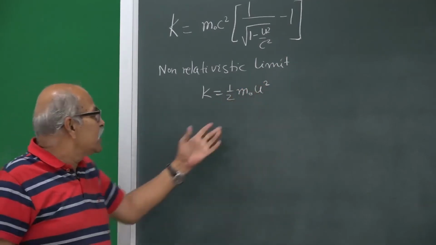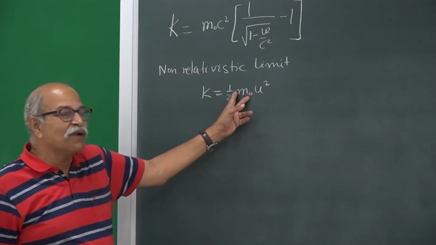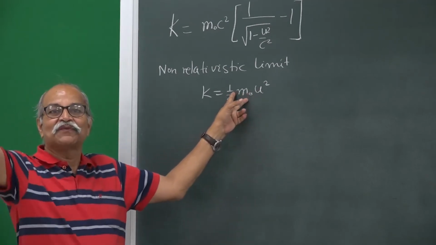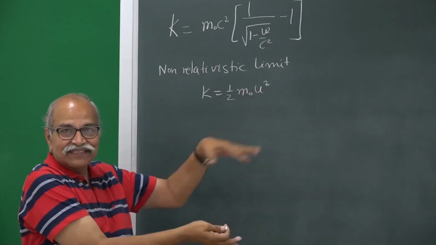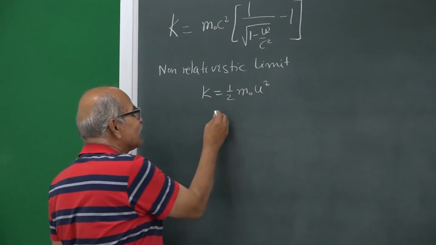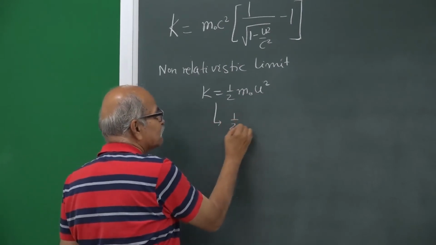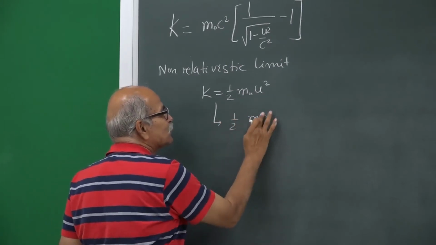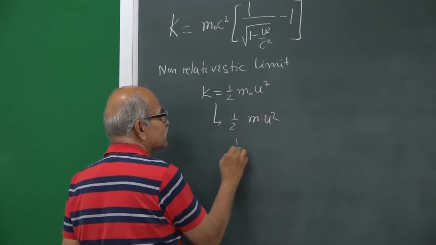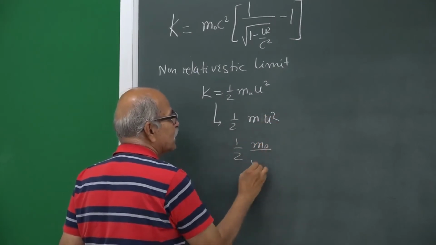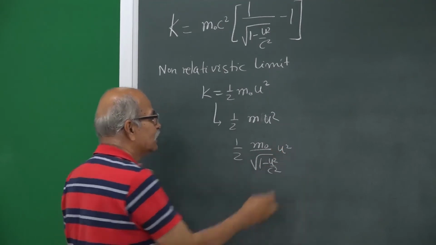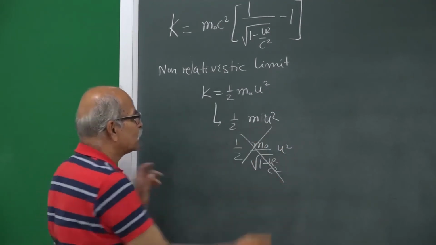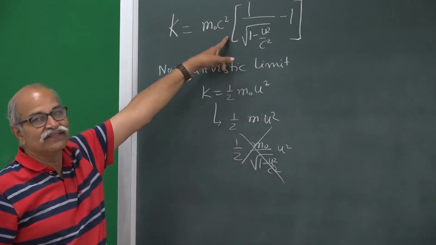If you say that in place of rest mass, the mass increases because of velocity, and therefore we have to put that increased relativistic mass here, and you modify this as half m times u square, which is m naught by square root of 1 minus u square by c square times u square, it will not work, it will not work. This is not the same as this.